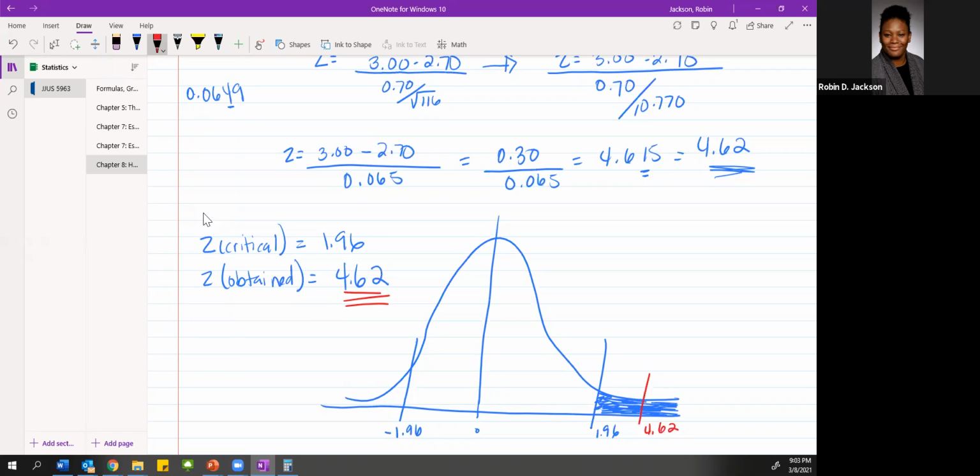Well, it falls into our critical region. So what that tells us is there is a difference. We reject, because this 4.62 falls in the critical region.